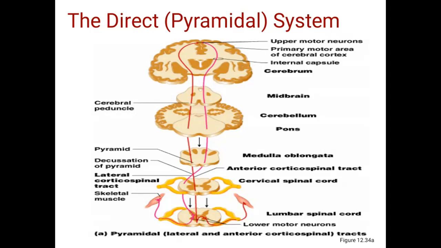Whereas 15 to 20% of fibers do not cross; they enter the anterior white column near the medial side. The medial pathways are old, whereas the lateral pathways are new. Throughout the brainstem, the corticobulbar fibers cross to reach the motor cranial nucleus of the opposite side. These are the pathways of the pyramidal tract.